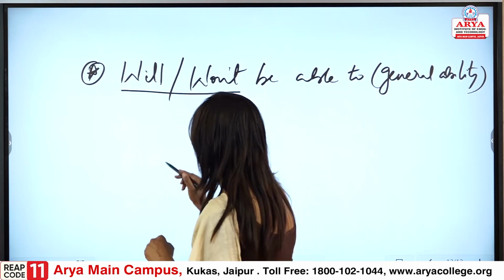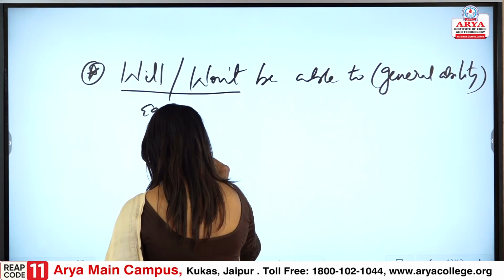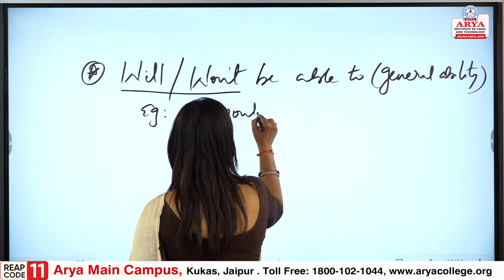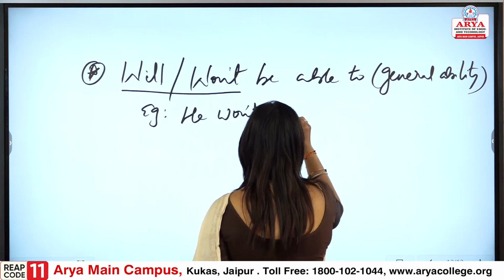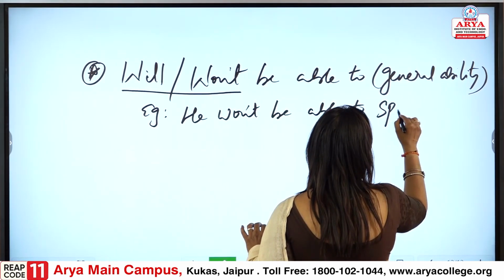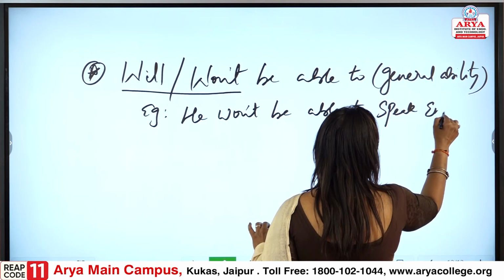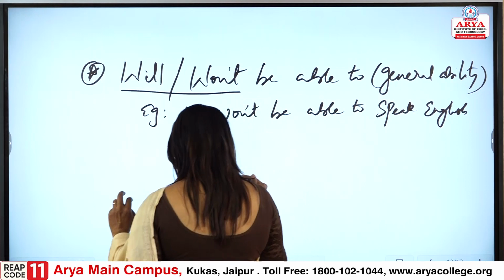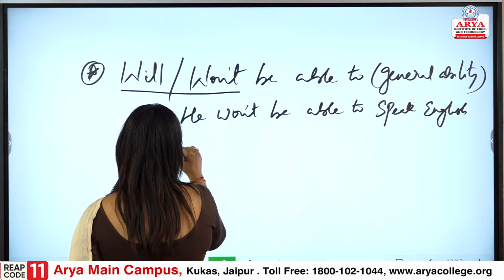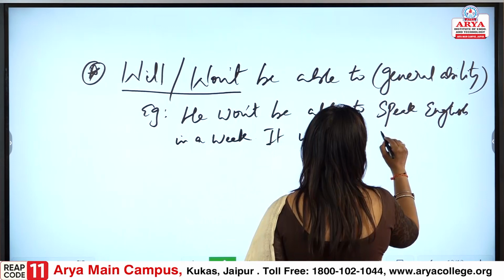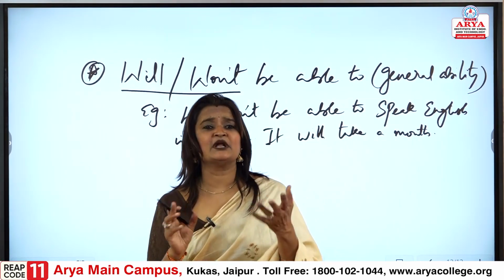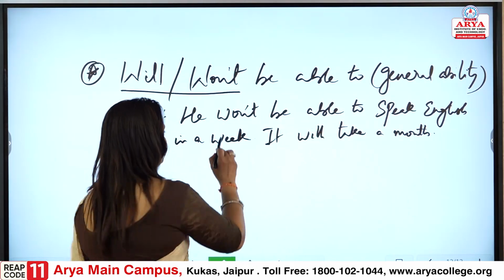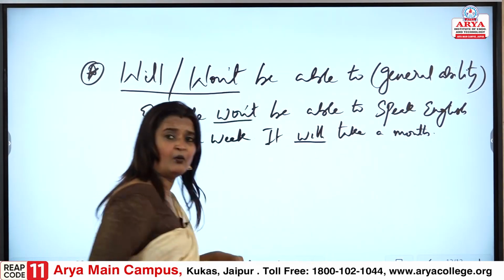Let me give you an example. He won't be able to speak English in a week, it will take a month. A person who doesn't know English will not be able to speak English, he won't be able to speak. Now "will", how would we use it?